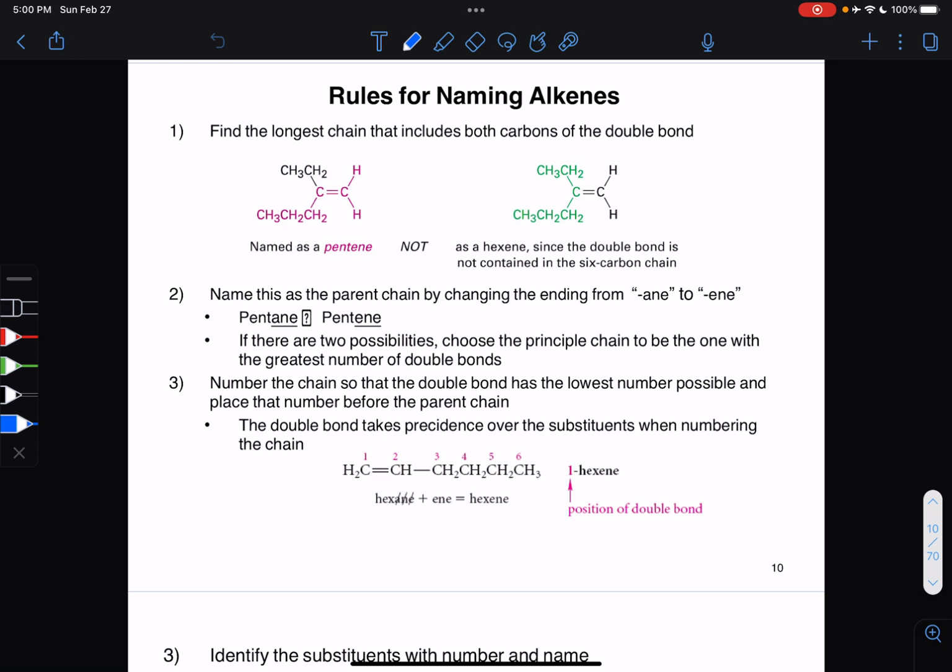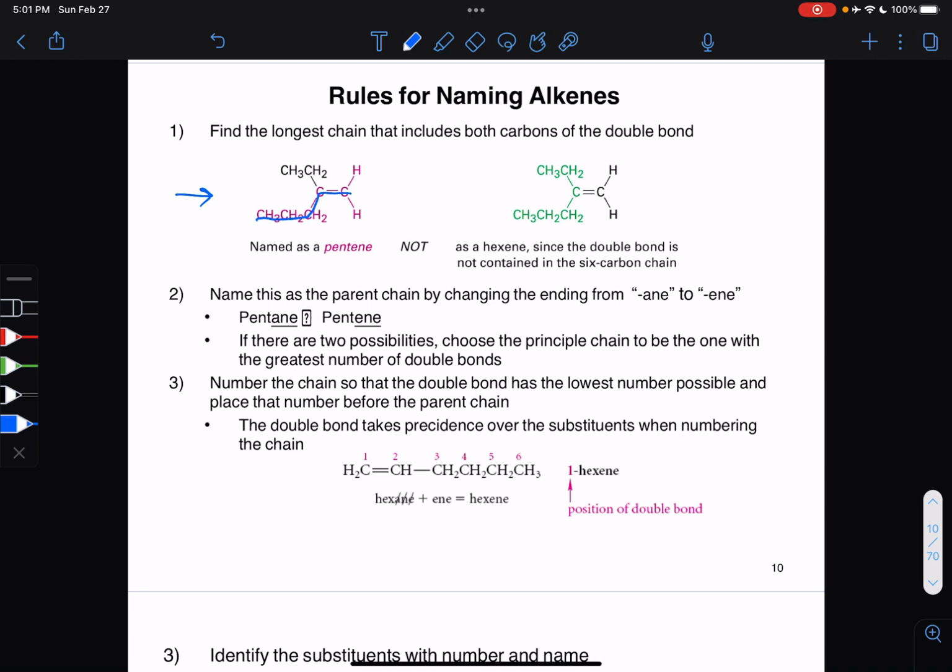So taking a look at number 1 here, the first rule says find the longest continuous carbon chain that includes both carbons of the double bond. So if we look at this molecule right here, you can see that the pink labeling is telling you that you're going to consider this to be the parent chain right there.